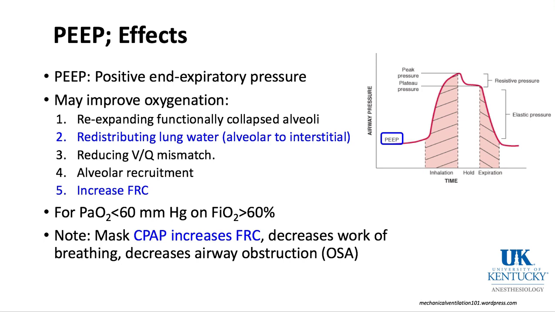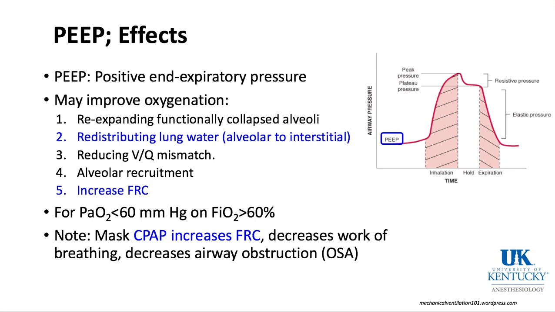It can reduce VQ mismatch, it can recruit alveoli, and it definitely increases functional residual capacity, which is the volume of gas that's left in the lung at the end of an unforced exhalation. So if you keep PEEP on, let's say 5 of PEEP at the end of a normal tidal volume, that lung is going to be distended more and have more FRC, higher FRC.